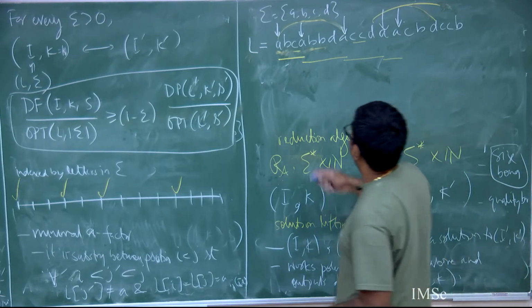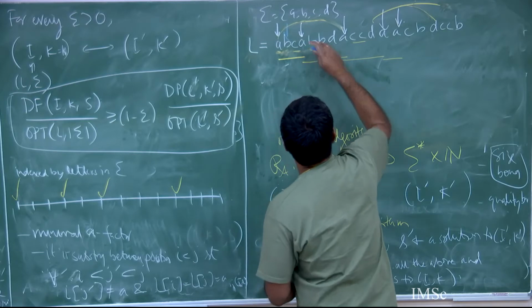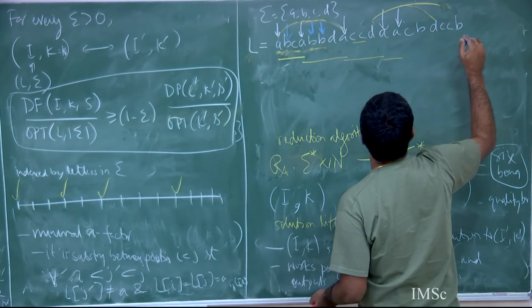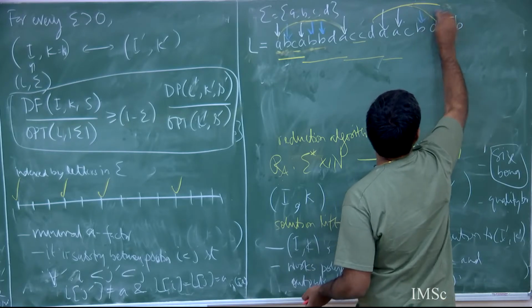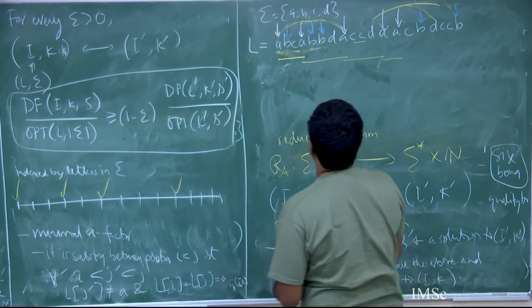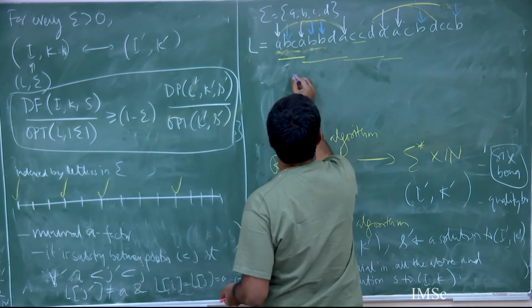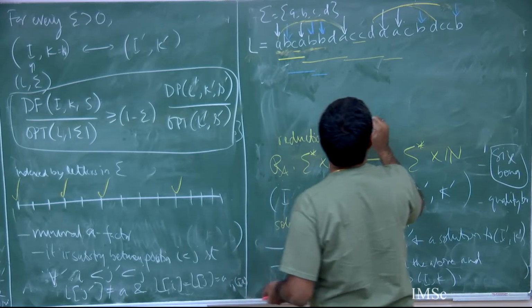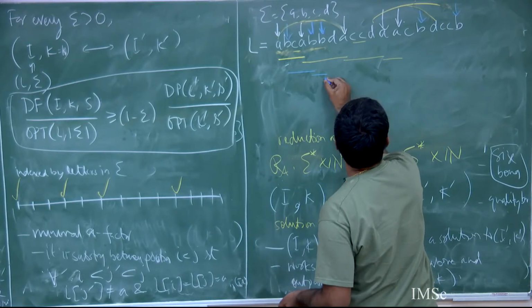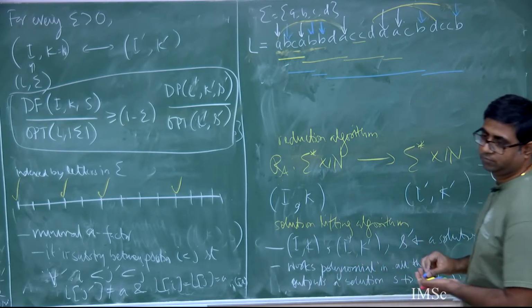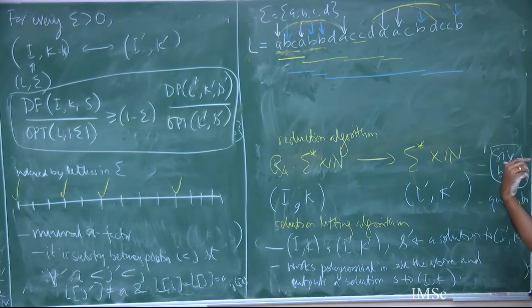So where is B? B is here, B is here, B is here. Where else is B? Here. Okay, so let's use them. B, B, B, and then another B from here to here, and another B from here to here. This is how you make your interval graph.